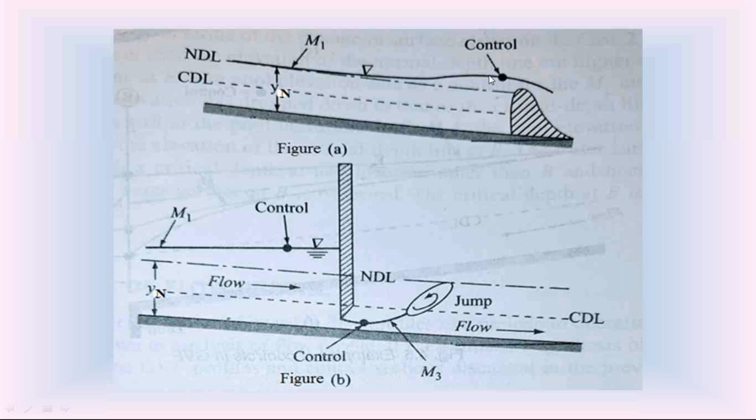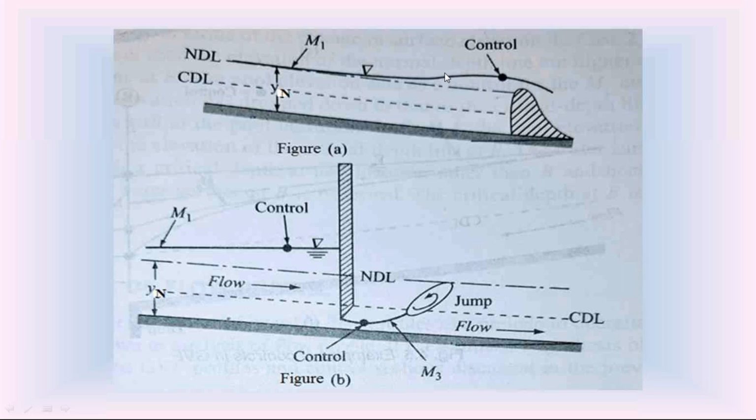Check this water surface profile. From section 1 to section 2, the water surface profile is decreasing. So at section 1, we have the larger depth of flow. At section 2, we have a lesser depth of flow.